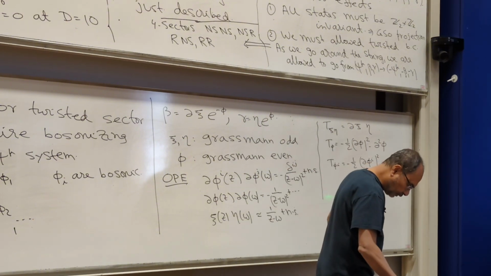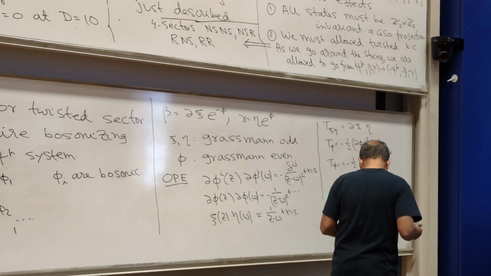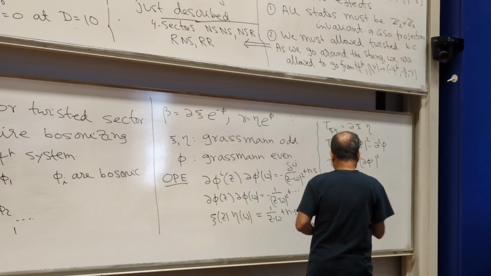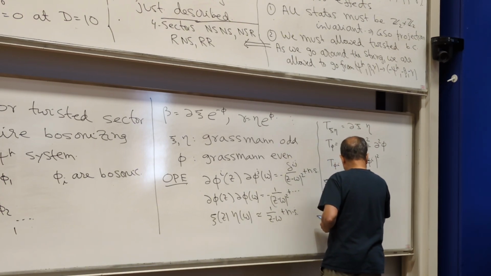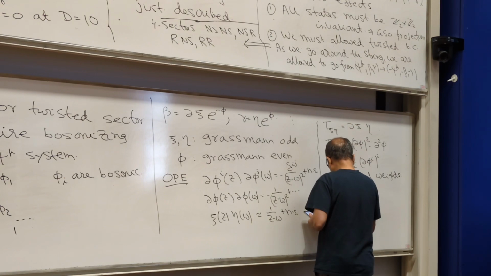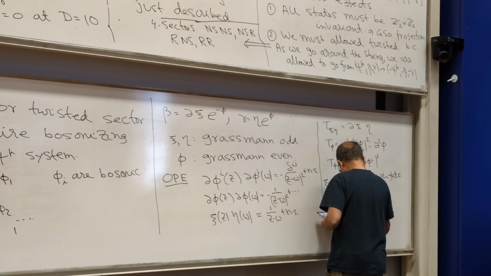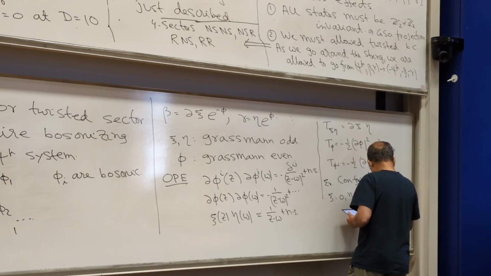Let me write down also the energy momentum tensors. The energy momentum tensors I have already written down. So, exercise: conformal weights. Xi is 0, eta is 1, and e to the q phi is minus half q squared minus q.